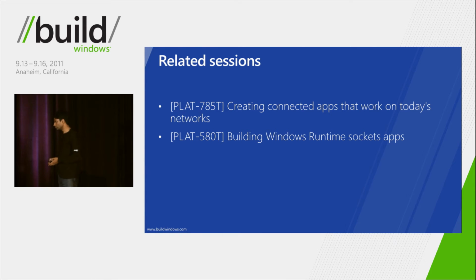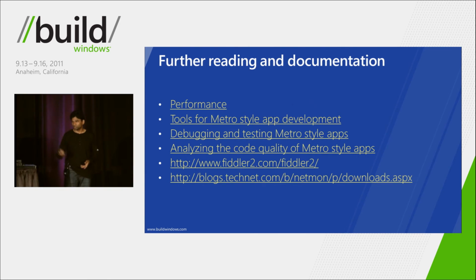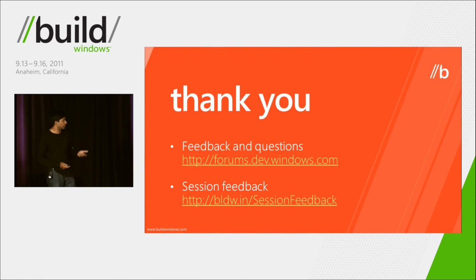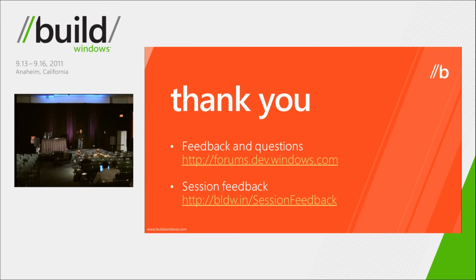This slide talks about various other resources. The first 4 are about goodness, so please read them. The last 2 are how to download Fiddler as well as Netmon. With that, I'm ready to take Q&A for the next few minutes. Please, could you come to the mic?